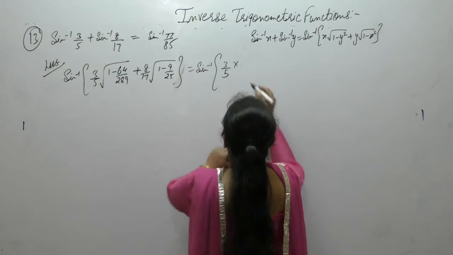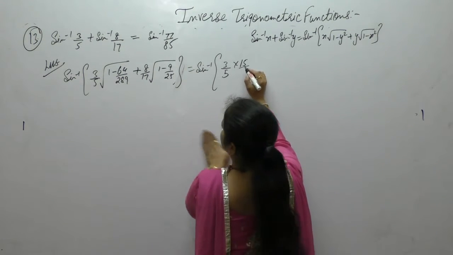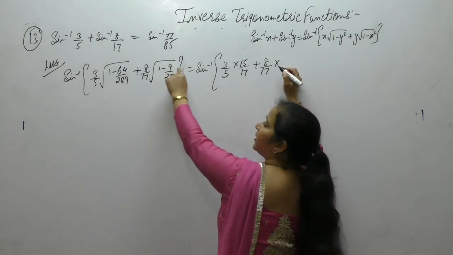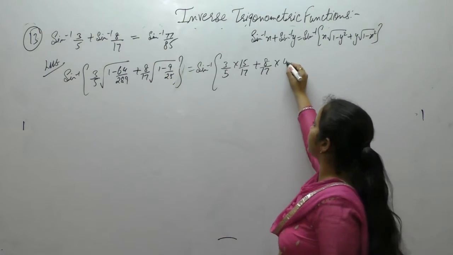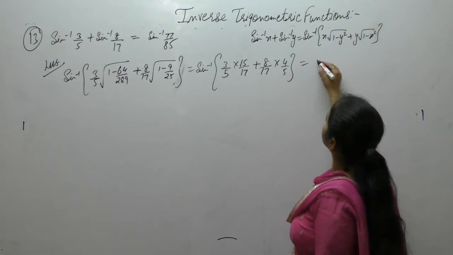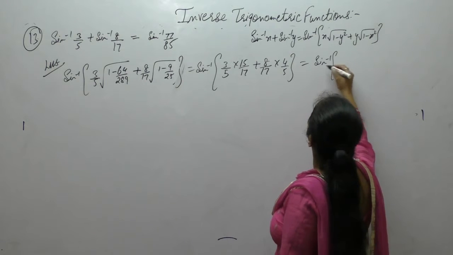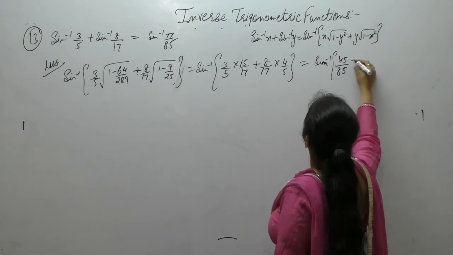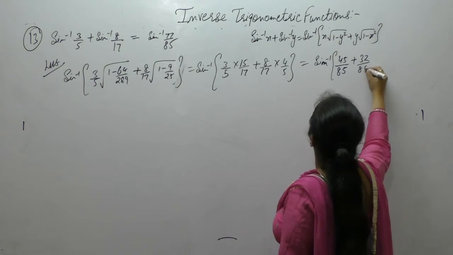We get 225, square root of that, plus 8 by 17, 25 minus 9, 16, square root of 16. So what we get? Sine inverse 15 into 3, 8 into 4.